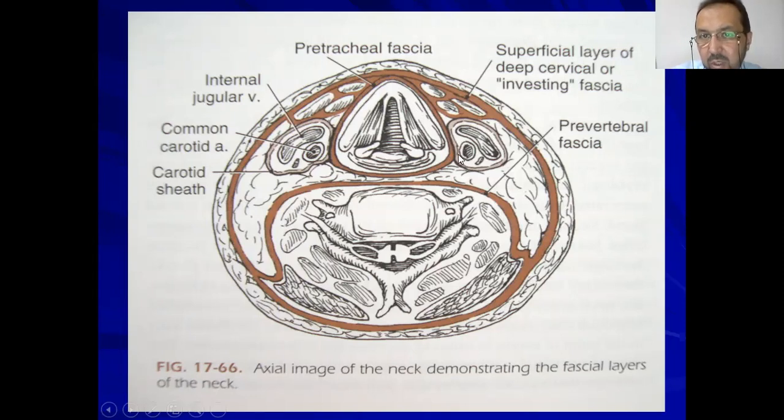We have also the carotid sheath, which is derived from the deep fascia of the neck, and some authorities of anatomy classify it as a separate 4th deep fascia of the neck.